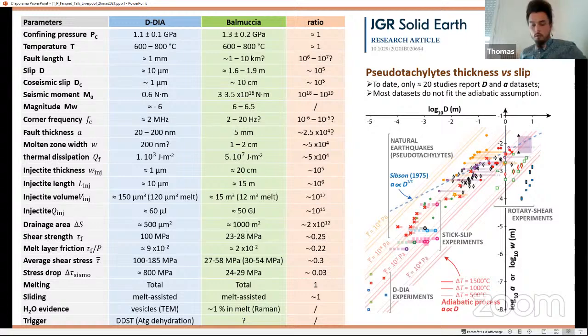So here you have the displacement as a function of thickness. So A is the final thickness of the pseudotachylite, and W is the dynamic thickness of the molten layer that transiently exists just behind the rupture front.